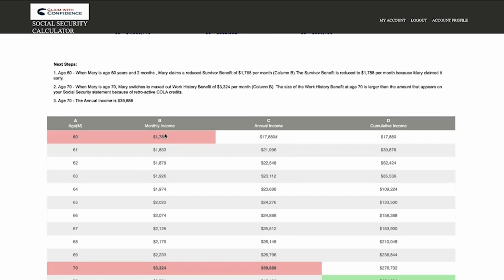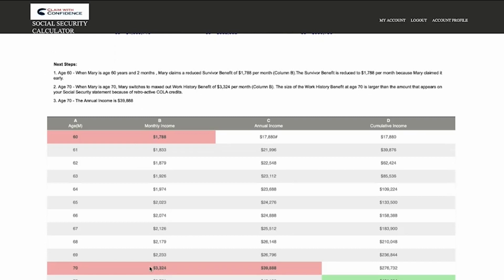So at 60 years and 2 months, she claims a reduced survivor benefit of $1,788 a month. Now, every year it grows a little bit by 2%, 2.5% because of the COLA increase. So over this 10-year period of time, she receives all these survivor benefit payments.